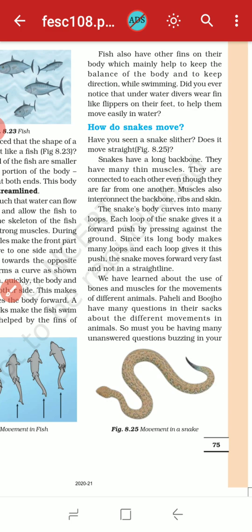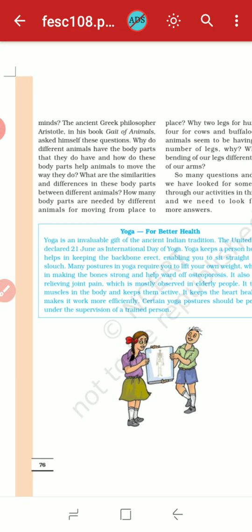We have learned about the use of bones and muscles for the movements of different animals. Paheli and Bhujo have many questions in their sacks about the different movements in animals. You must also have many unanswered questions buzzing in your minds.